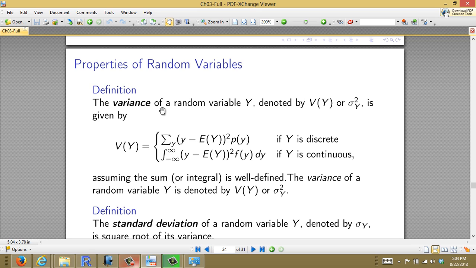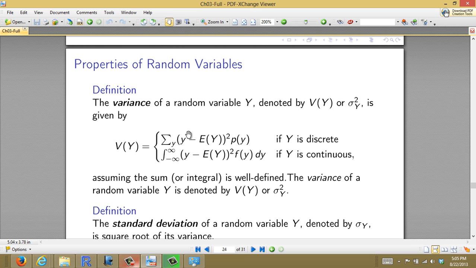So the variance of a random variable y, which is denoted by either V(y) or sigma squared of y, is given by the sum of each possible value of y minus its mean squared multiplied by the probability if y is discrete, or if we're talking about a continuous random variable, we take y minus its mean squared, multiply it by the density, and integrate between negative infinity and positive infinity.